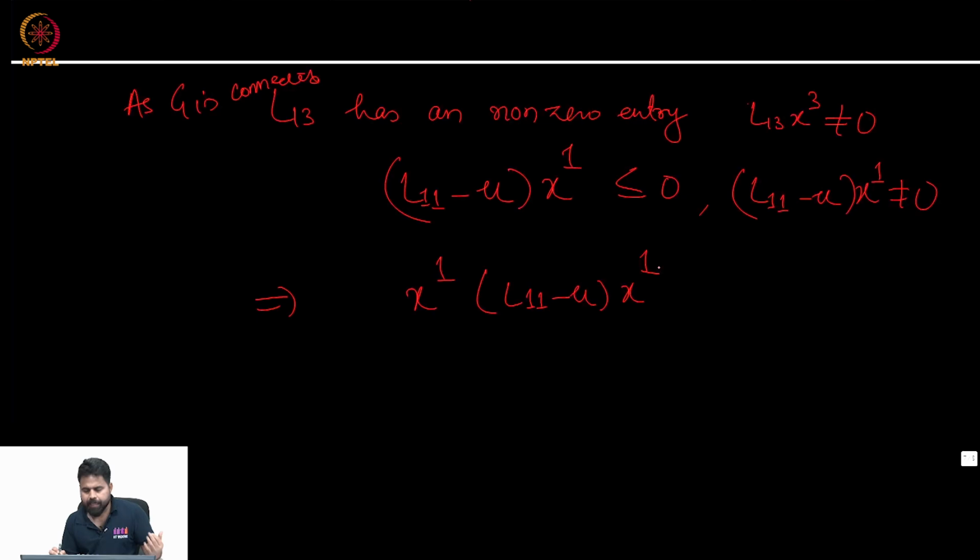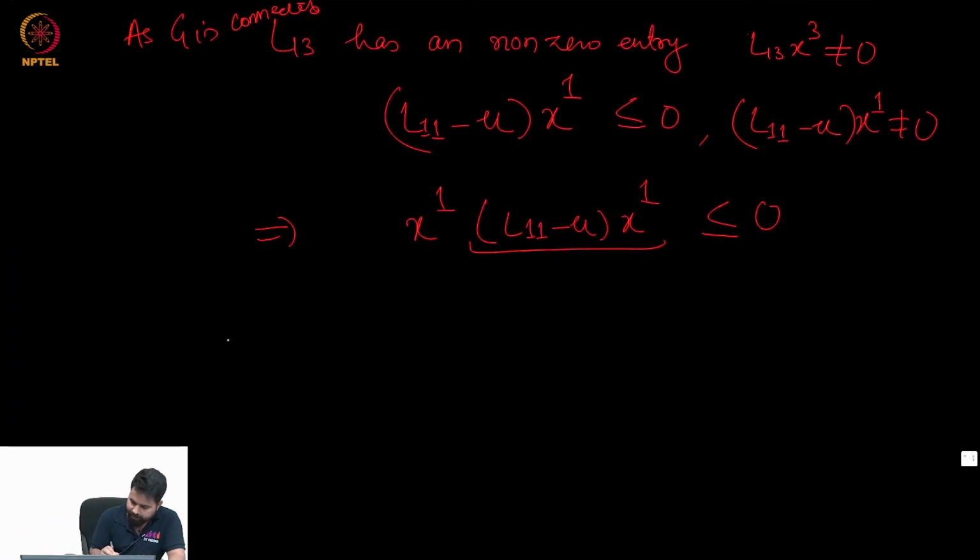Remember, X1 is, by our definition, non-negative, and this part is less than or equal to 0, so the result has to be less than or equal to 0. Very good. Now let us make one claim.